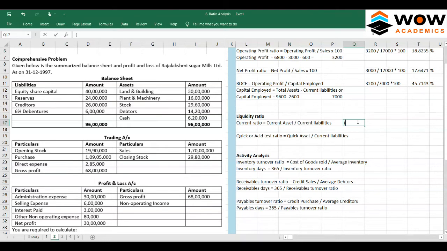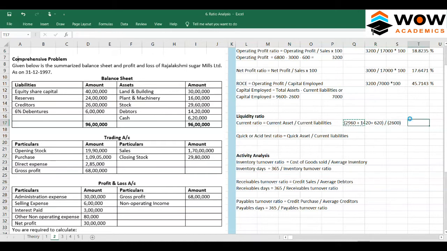Current assets here seem to be the stock, debtors and cash divided by creditors.